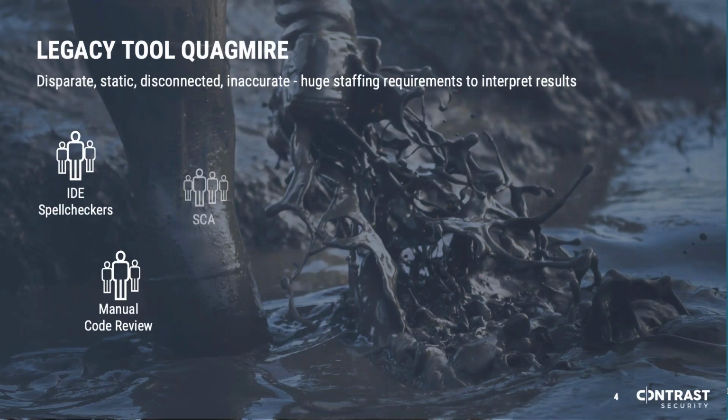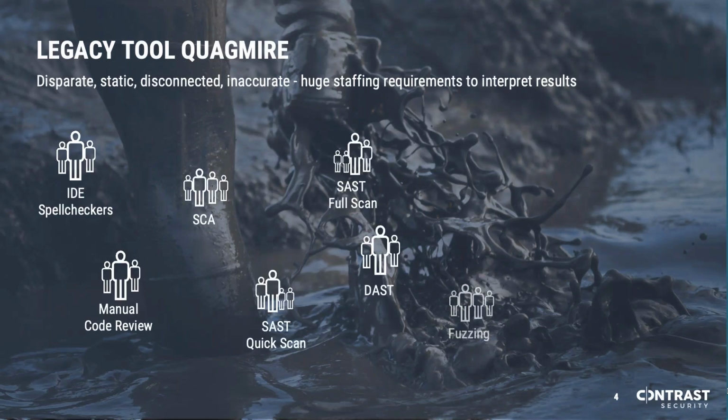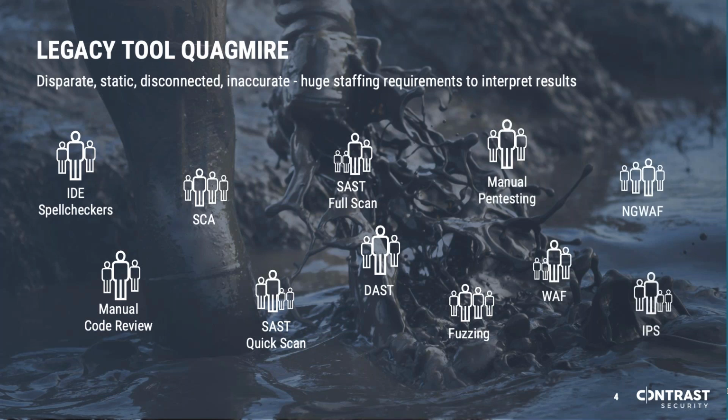Now, if you look at the state of the practice that people have employed to date for application security, you get a picture that looks like this. You get what we call this legacy tool quagmire. You have a set of disparate, static, disconnected tools that, taken together, are largely inaccurate and that provide a challenge in terms of staffing requirements to interpret all these results.